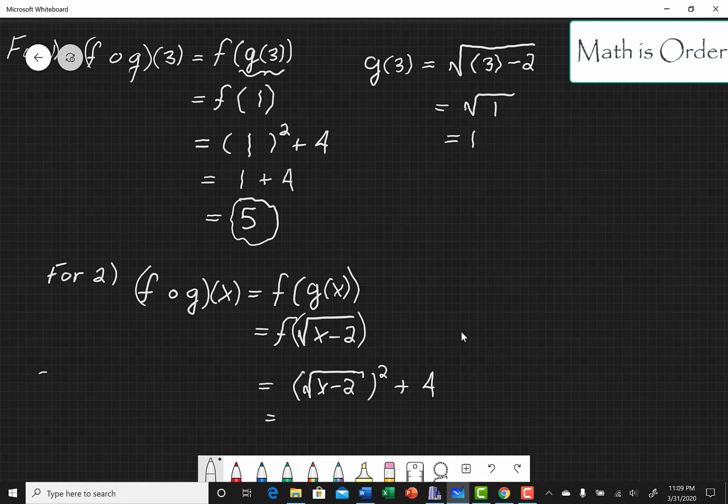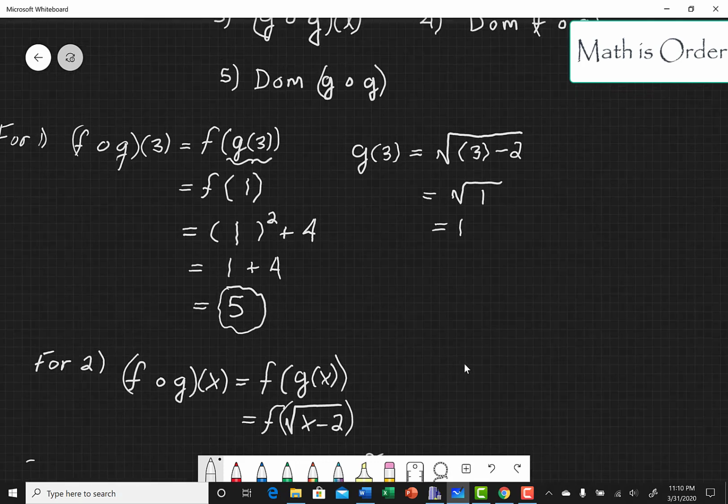Now, a square cancels out a square root, leaving x minus 2 plus 4, so that our final answer here is x plus 2 for the composition function.